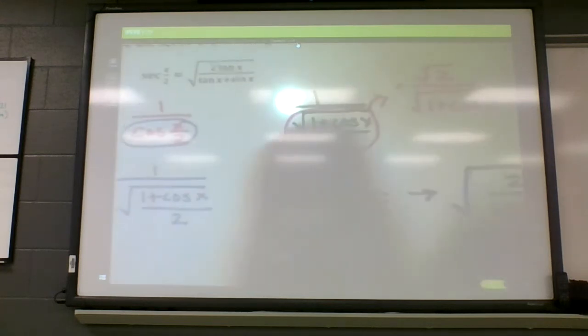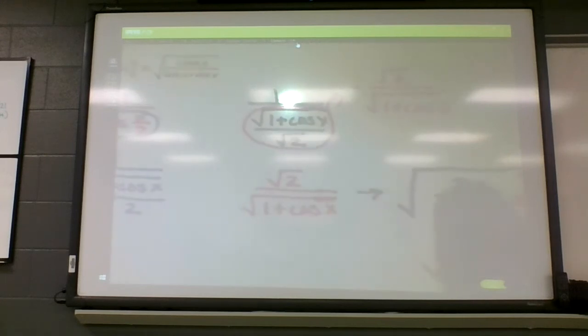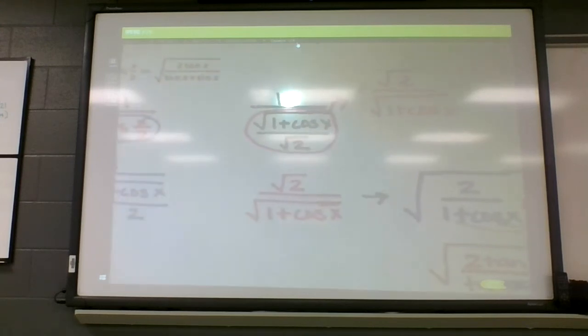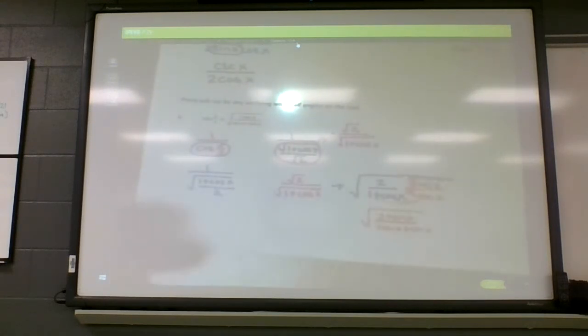So you guys flipped and multiplied while you still had multiple square roots, and then turned it into one big one towards the end. Not much different. They just did it in a slightly different order. But as long as you obey all the rules of algebra, right, then you are good.